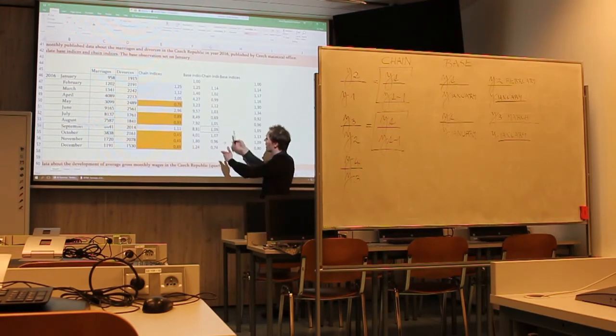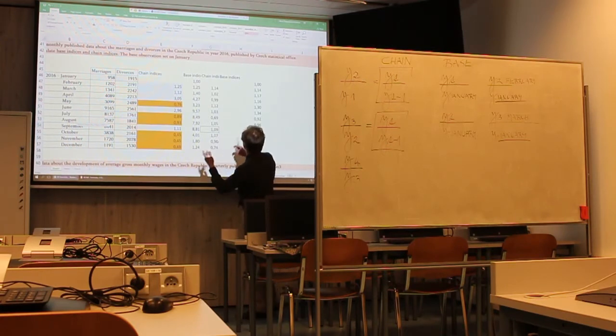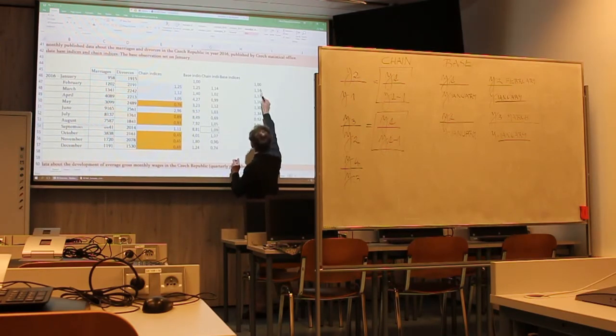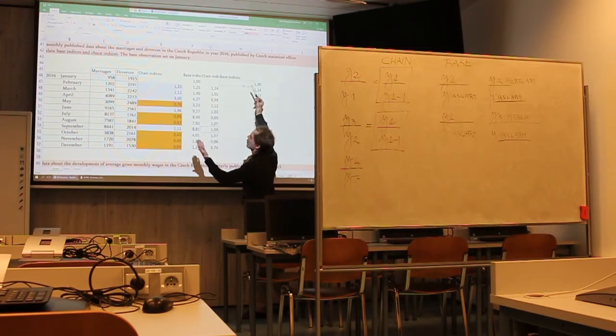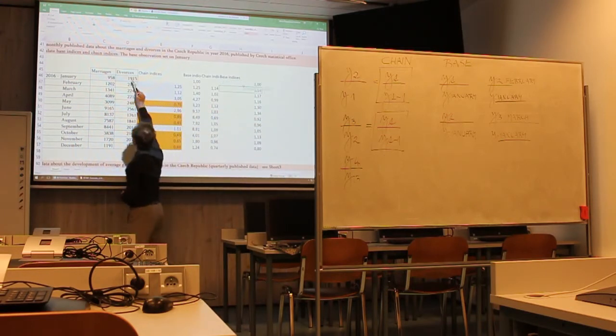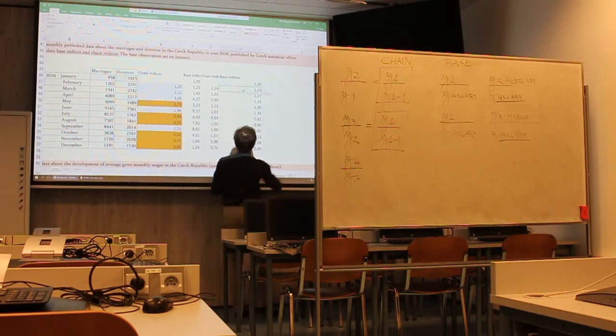So we have here a month-to-month comparison. And base indices, the base is January, all the time.